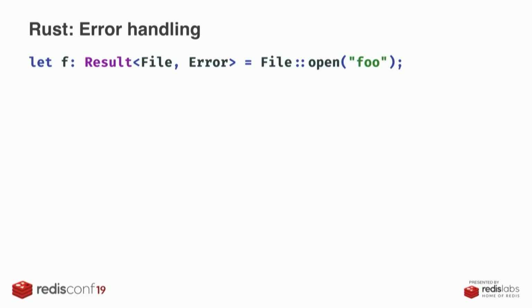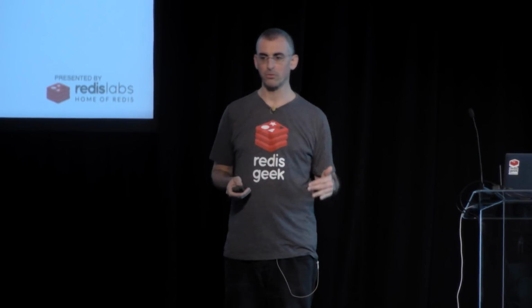We can put a string inside, or we can put a structure with more detailed information inside. The point is that most functions that can fail return results, which means that we, as the caller, have the responsibility to check the result and see what's inside, whether it's okay or whether it's an error. We can't forget to do that because we won't be able to access the value without actually inspecting the result.